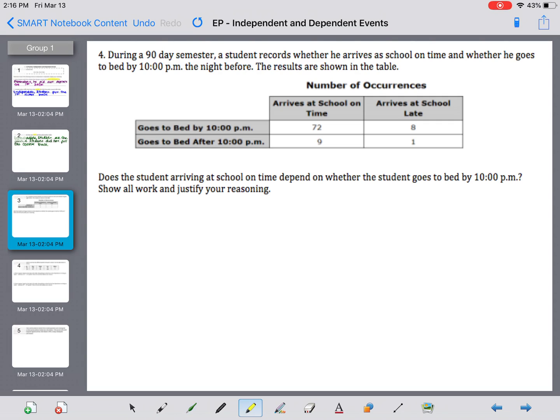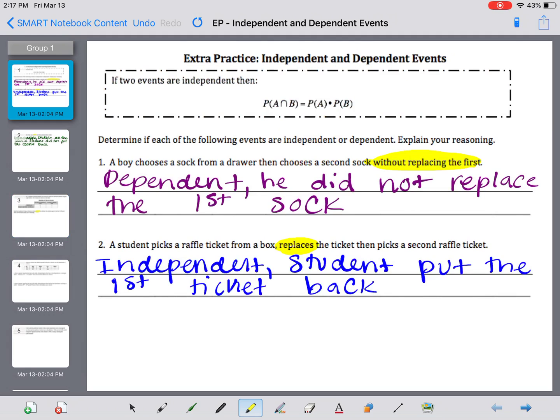So when we're trying to determine if one thing depends on another or one thing is independent of another, we're using that test for independence. We're using this test at the top of your box. Okay?